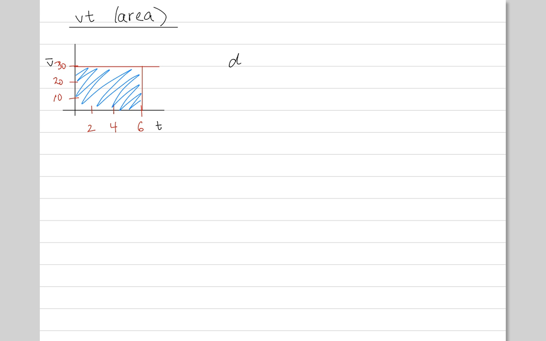So the displacement, not the distance, right, with the vector arrow symbol, displacement during the first 6 seconds will be the area of a rectangle in this case. Area of a rectangle is length times width, and in this case the length is t and the width is v. However you want to slice it, it's vt.